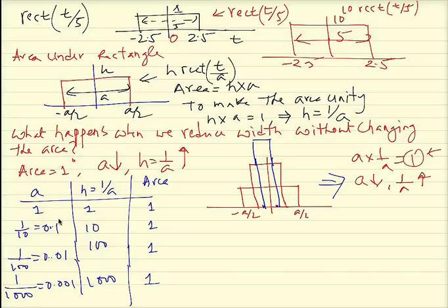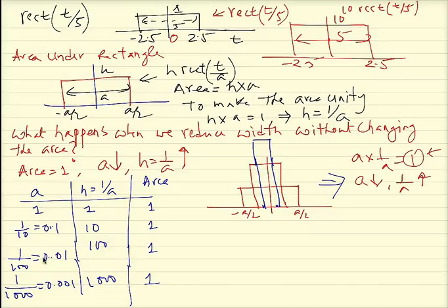So we have given here a table for your understanding. If you have a equal to 1, h in that case will be 1 to make the area 1. If you reduce the value of a to 0.1, that is 1 over 10, then h has to be 10. So 10 into 1 over 10 makes the area 1.